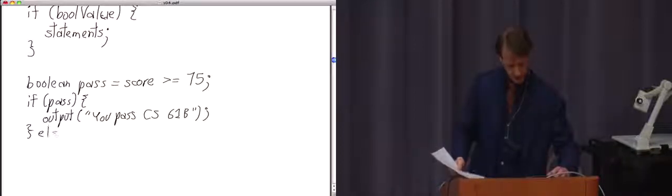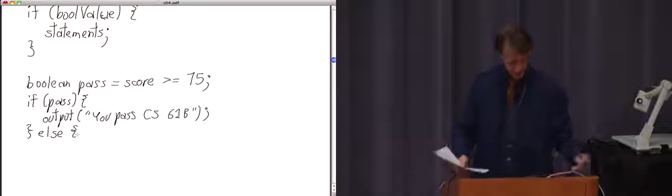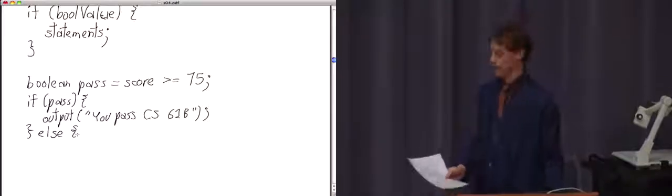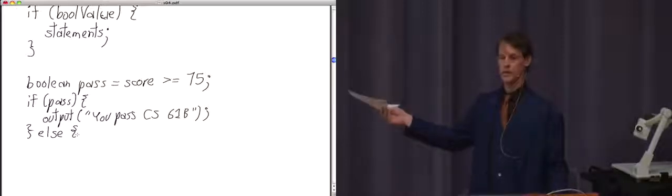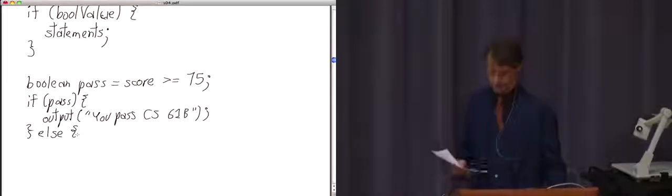You can also have what's called an else clause after your if clause is over. And the else clause gives you some instructions that you're going to execute only if the Boolean is false.